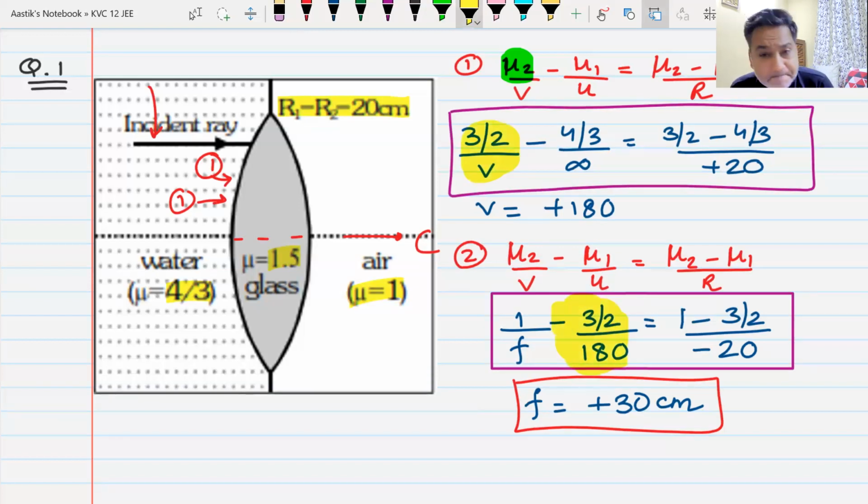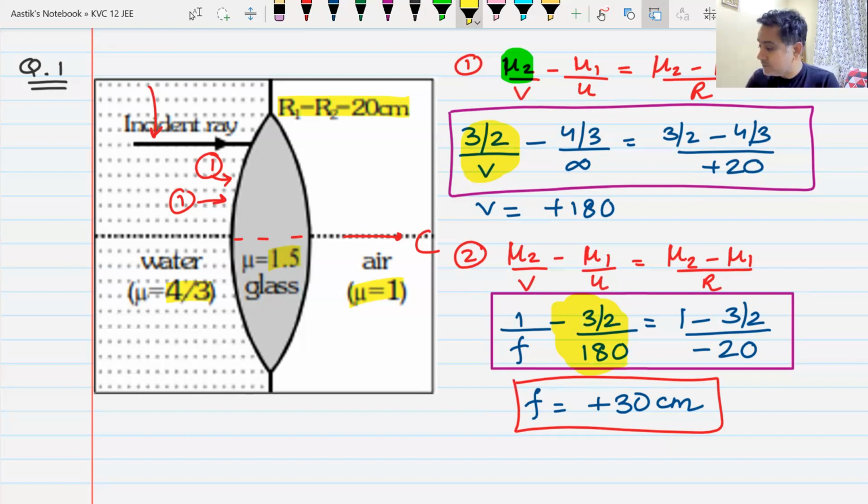Yes, beta? F is equal to R by mu 2 into (mu minus 1). How did you get it? Okay, I think you tried. Maybe your answer is correct. I don't know the shortcut one.